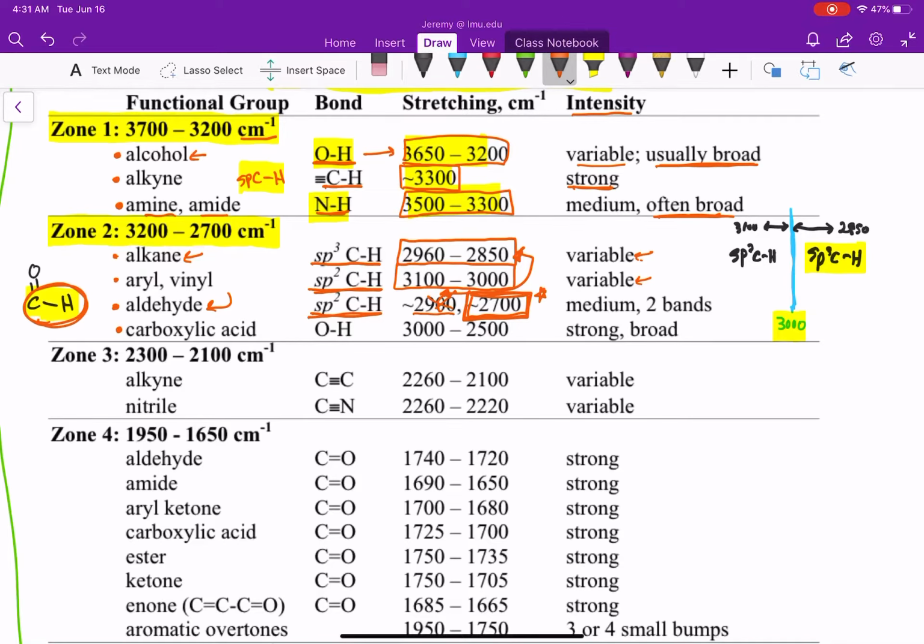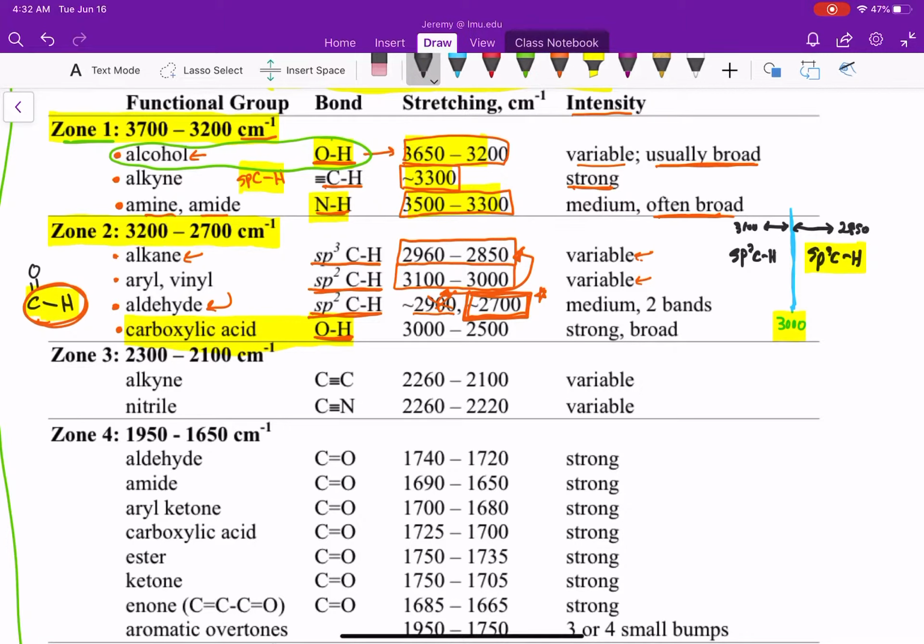The last functional group we need to look at is an OH. But this isn't any general OH. This is an OH of a carboxylic acid. Notice above here, an OH of an alcohol is always found in zone 1, but the OH of a carboxylic acid is found in zone 2.